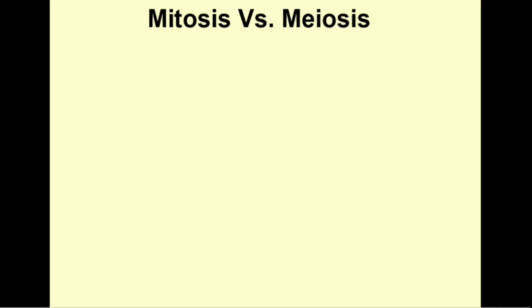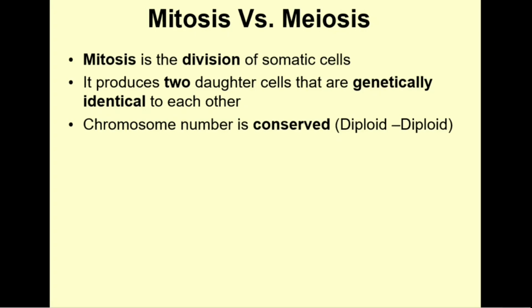It's worth going through a quick comparison between mitosis and meiosis. If you remember from the last session, mitosis is the division of somatic cells, and we use it for development, growth, and repair. Mitosis produces two daughter cells that are genetically identical to each other, and during mitosis we conserve the number of our chromosomes.